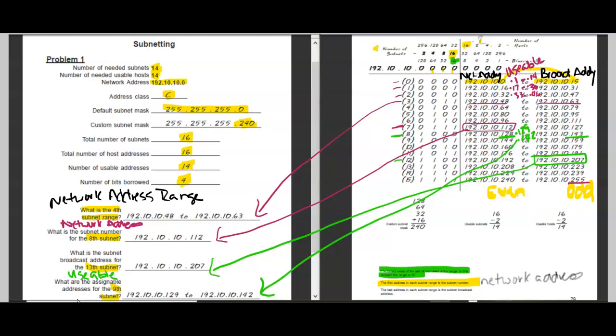And the last address in the range is the broadcast address. So we count by the binary value of the last bit we borrowed. The first address is the network address, the last address is the broadcast address. And those two addresses cannot be assigned to an interface. That's why up here we're subtracting 2.